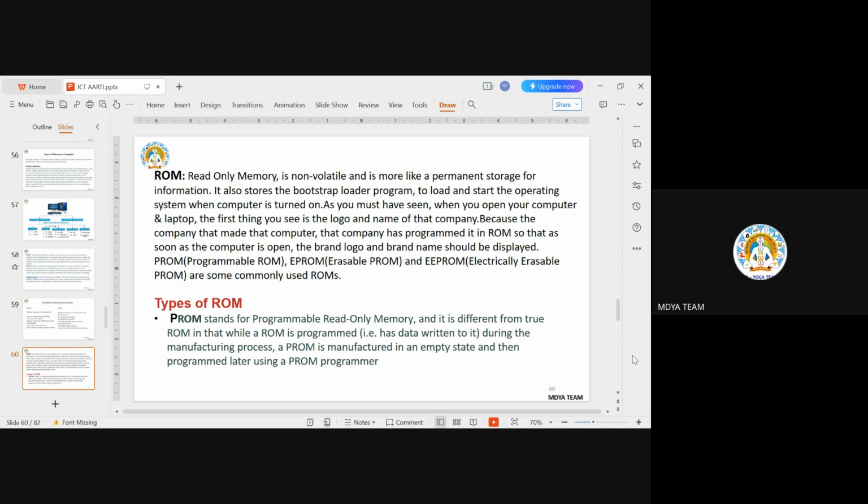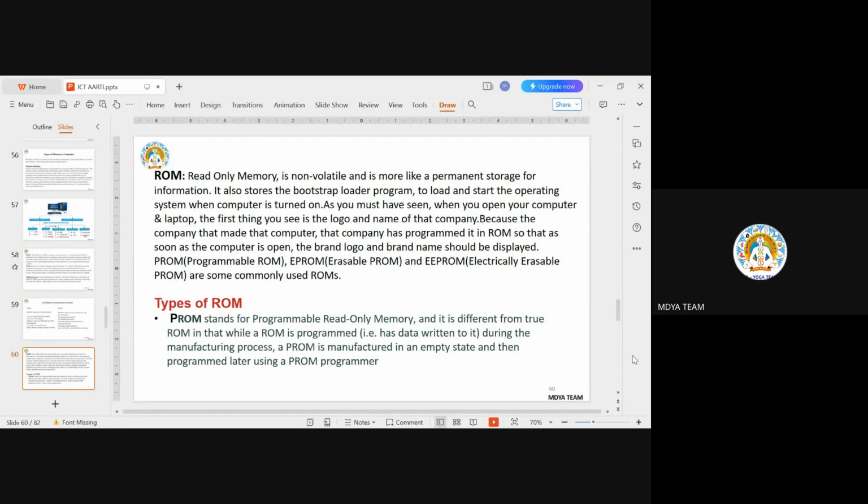When you open your computer or laptop, the first thing you see is the logo and name of the company, because the company that made the computer has programmed it in ROM, so that as soon as the computer is opened, the brand logo and name are displayed.